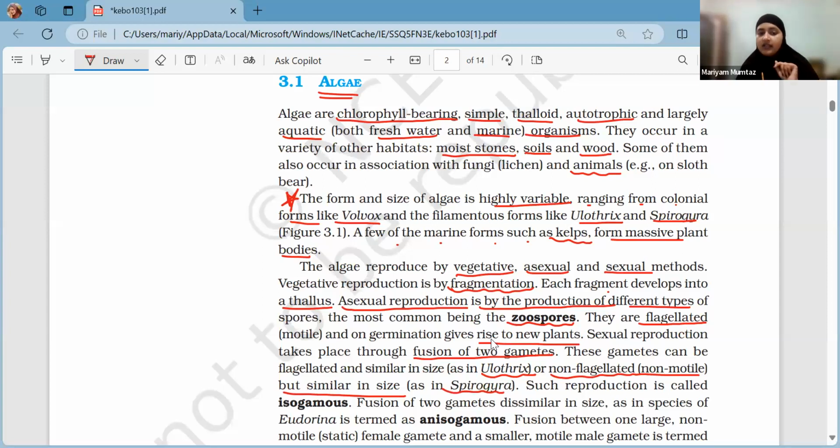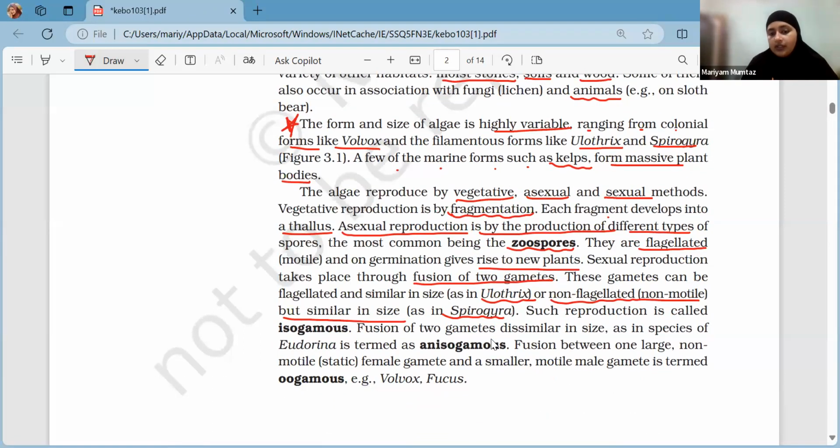Now, in both these conditions, whether motile or not, their size is the same. Male and female gametes will be of the same size, and that condition is isogamous. Iso means same. So the first condition under sexual reproduction is isogamous.